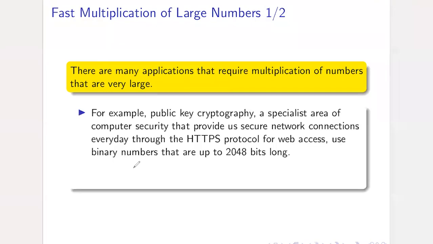When I say very large numbers, they are numbers which are, say, 2048 bits long. So, massive numbers. I'm talking about integers, not real numbers which are represented in floating point.